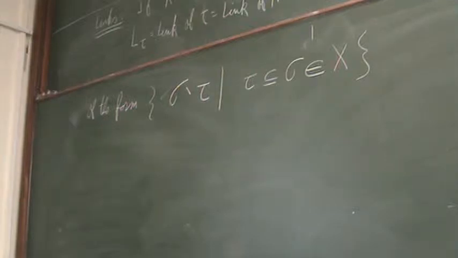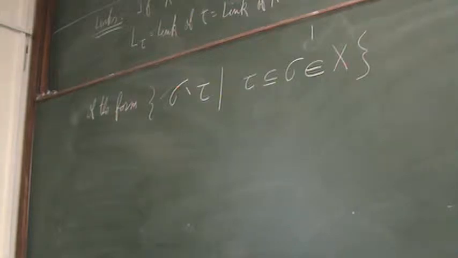I'm looking only at those subsets in X which contain tau. I don't care about all the others. And if they contain tau, I delete tau from them. So I'm getting some collection of sets.